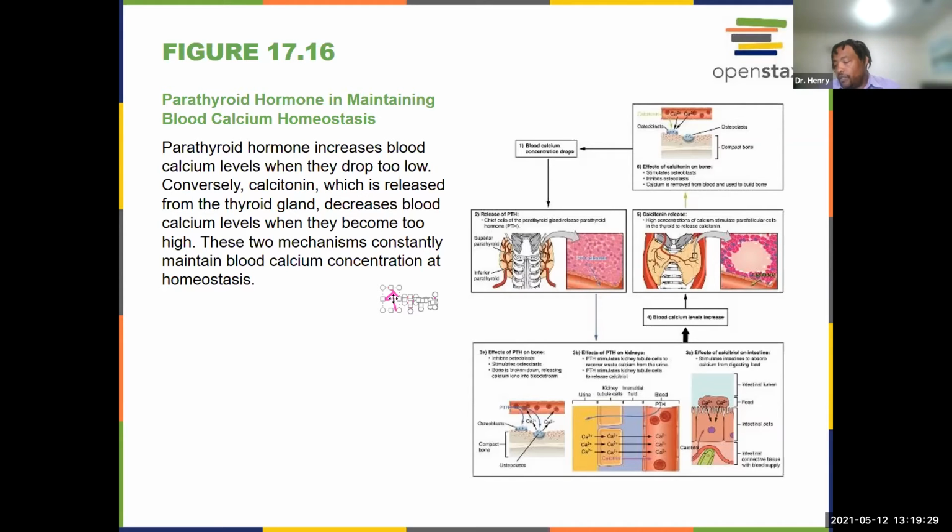And so people that have hyperparathyroidism, which is overactive parathyroid glands, they're going to overproduce that PTH. That PTH is going to result in tons and tons of calcium being generated from your bones. And so that calcium is going to be high in the blood. Your bone density is going to be really, really low.